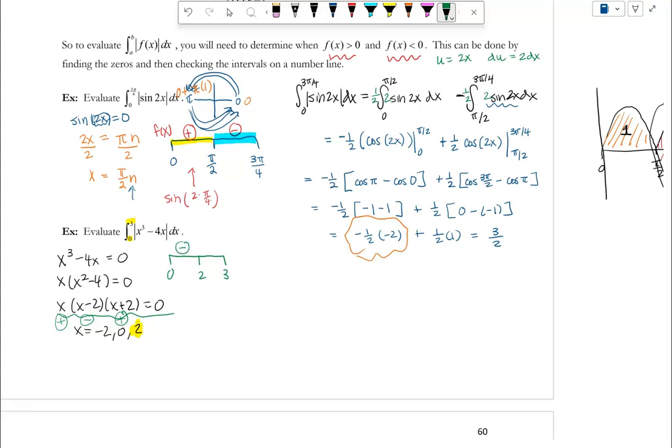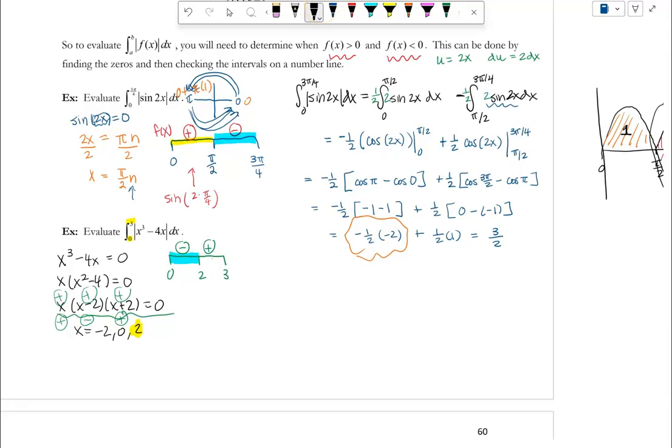So that's going to make this part of my function negative. So my value there would be negative. If I plug in a positive number, like 2.5, I'm multiplying a positive times a positive times a positive. So my function is positive there. So it's really just this first part from 0 to 2 that I have to worry about.